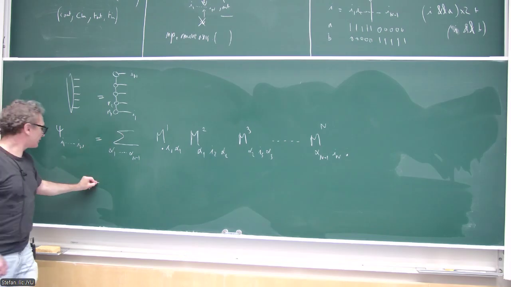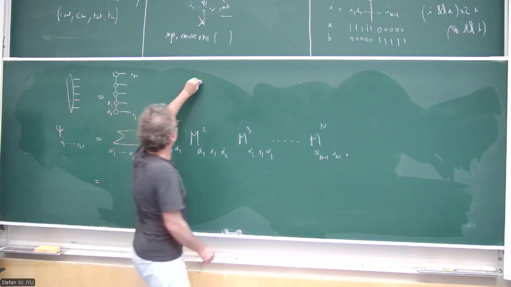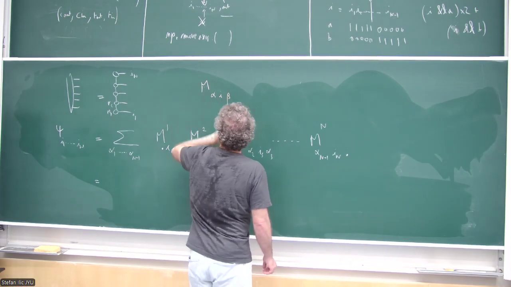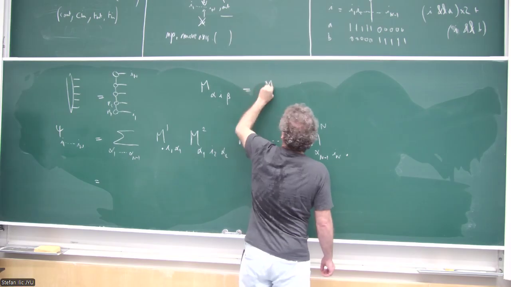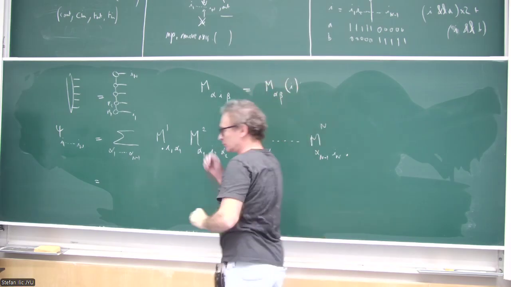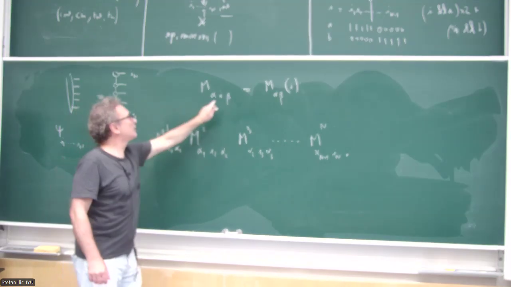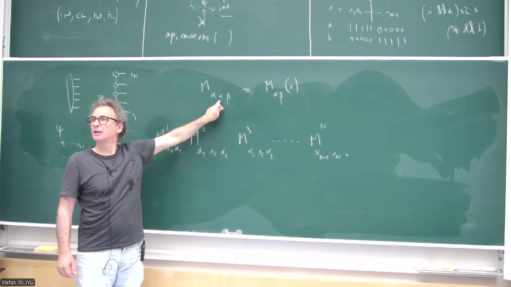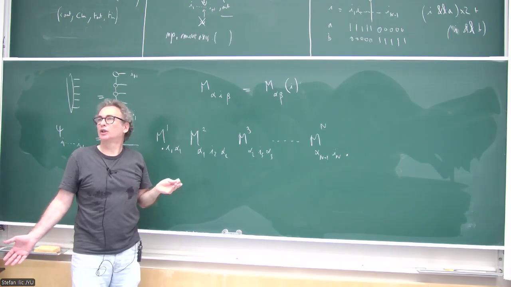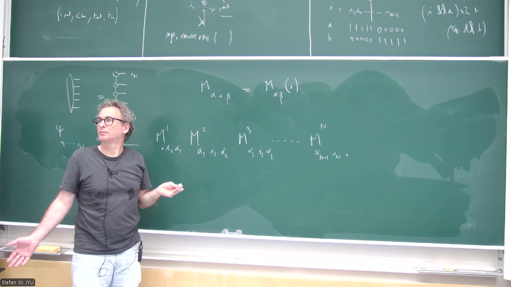You can also rewrite it. This tensor M alpha I beta, I can rewrite as M alpha beta of I, in that for any given value of I, it's a matrix. I just changed the notation for exactly the same object.